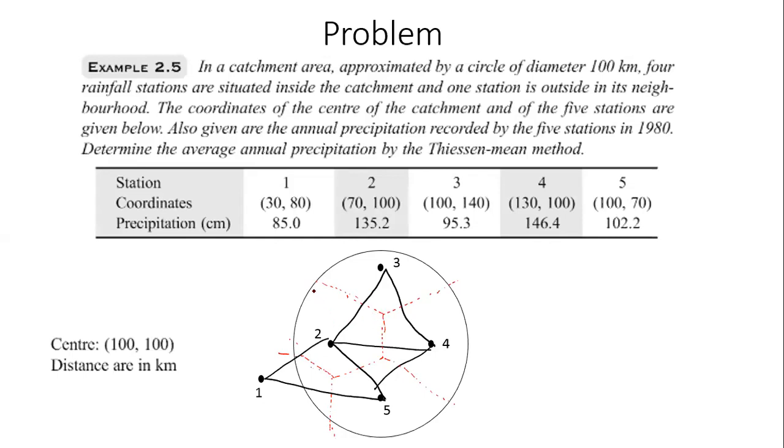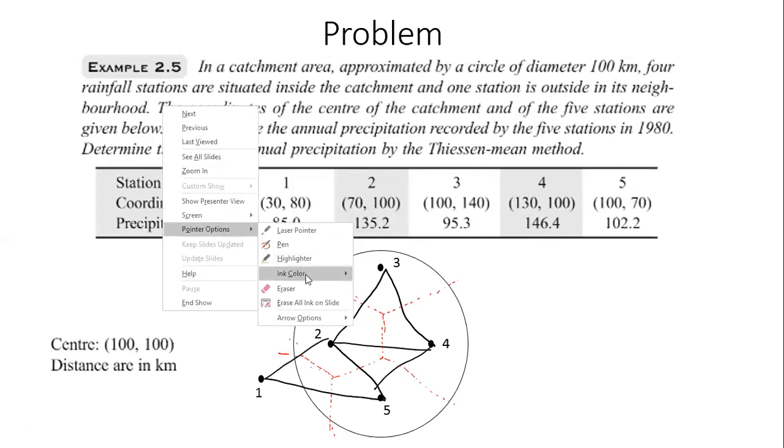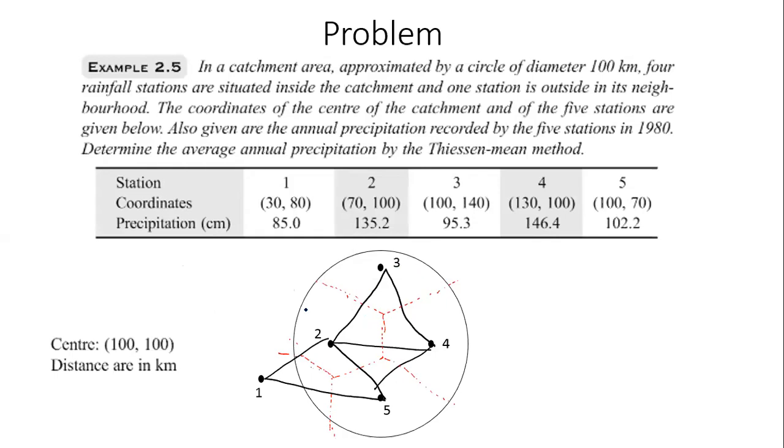So I'm going to say that this polygon that I have created, I'll use another color, this polygon that I have created over here, that area is the area which receives the same rainfall as location 2.